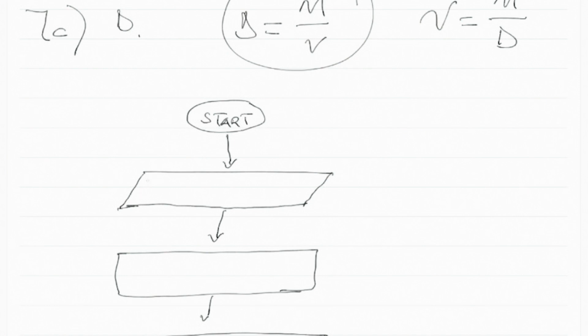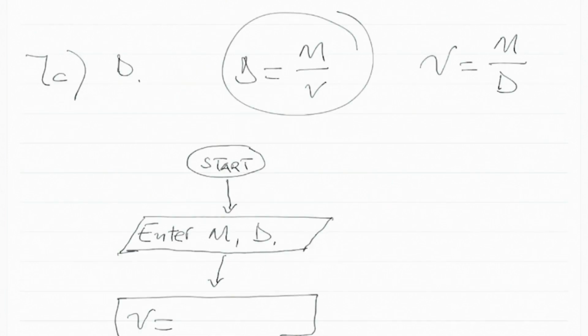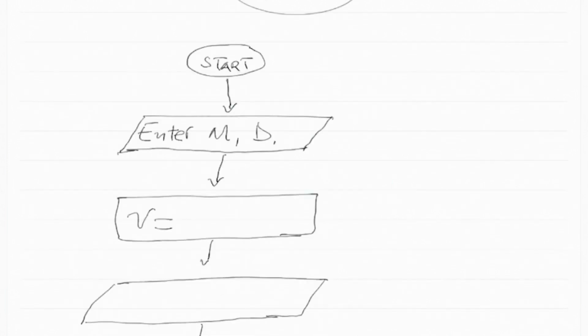So the first shape that you are having there, the parallelogram, is where you say enter. In this case, you have M. You need to know what your mass is, and you have your D, which is your density.